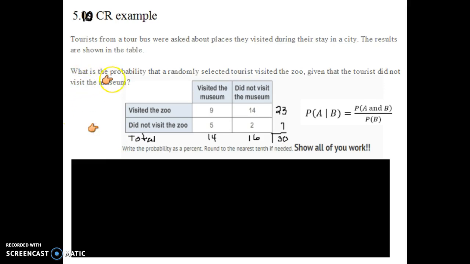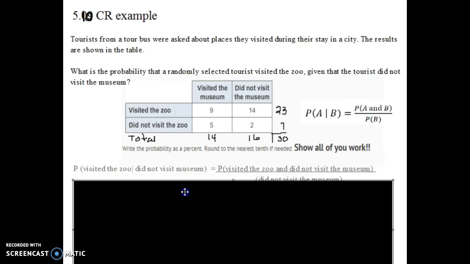And then they say, what is the probability that a randomly selected tourist visited the zoo given that the tourist did not visit the museum? So remember, this is our conditional probability. Here's your formula. So when we have conditional probability, this given that, then we're going to change our denominator. So let's take a look.